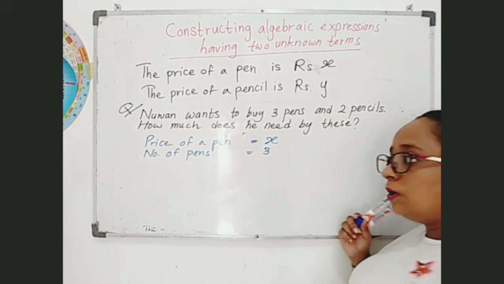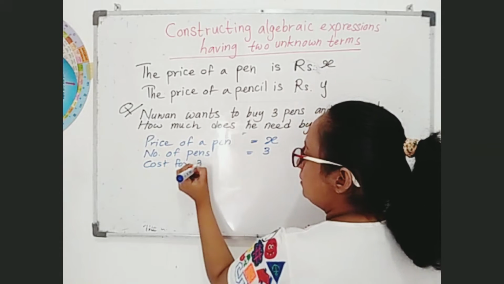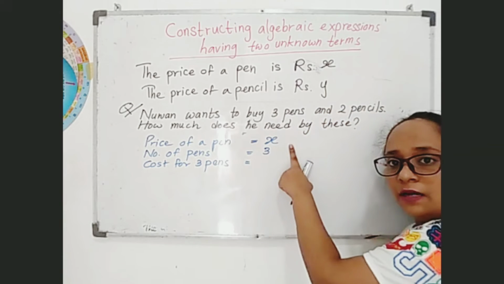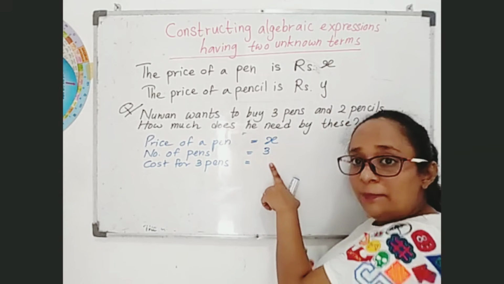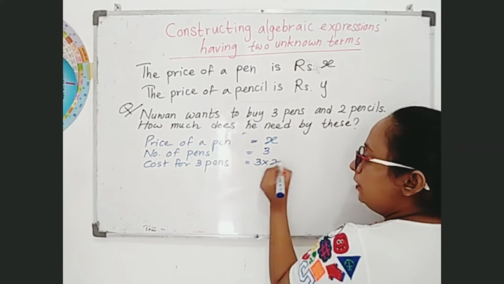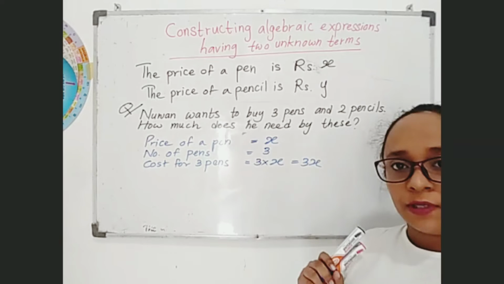Right? Pen තුනක්. So cost for 3 pens. Pen තුනකට කීයක් යනවාද එතකොට? එක පෑනක් X ගානේ. 1 pen is X. ඒ වගේ pen තුනක් ගන්නවා. He buys 3 pens. So the cost for 3 pens will be 3 into X. That will be 3X. Right?